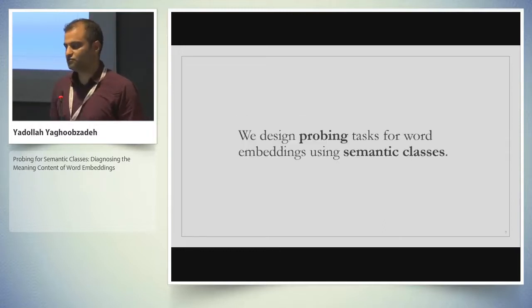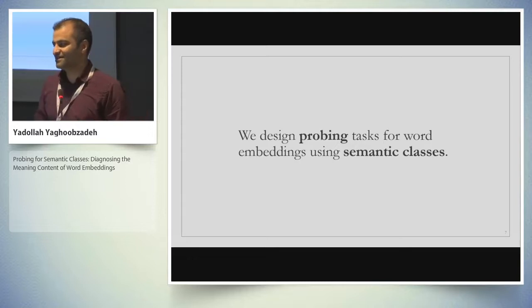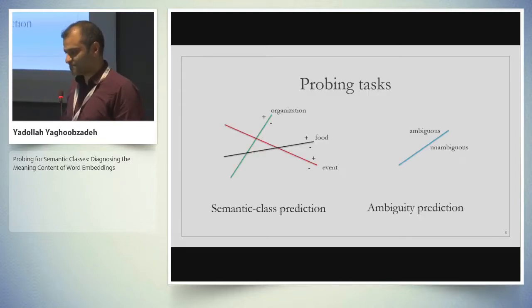So we try to make it more clear by designing probing tasks for word embeddings using semantic classes. Probing task is a term that is used for sentence embeddings, but it was actually introduced and used for word embeddings before sentence embeddings. The two probing tasks that we did are, first, semantic class prediction, and second, ambiguity prediction.